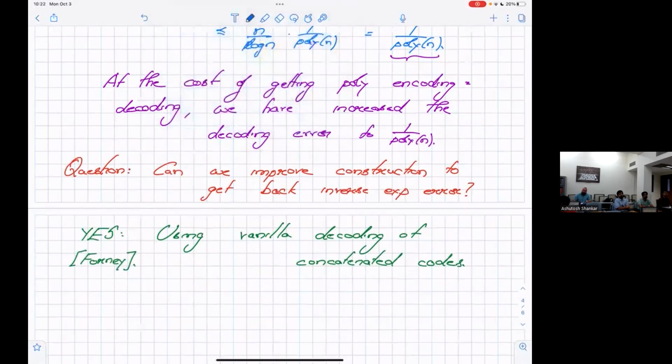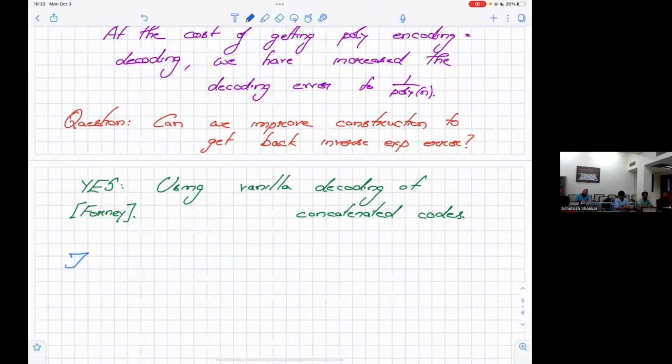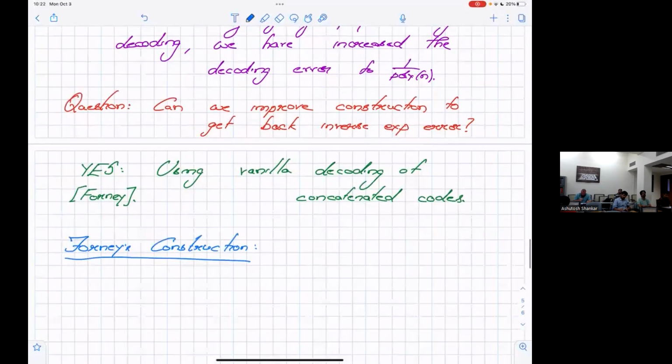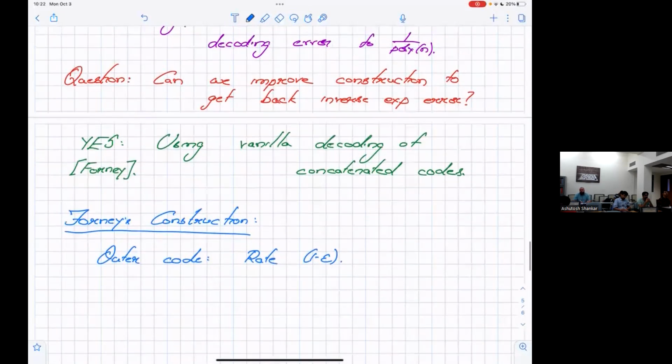And once I say this, it should be clear. So what is Forney's construction? Forney's construction is the following. It's going to use an outer code of rate 1 minus epsilon and say length n, which can recover from say a gamma fraction of errors.